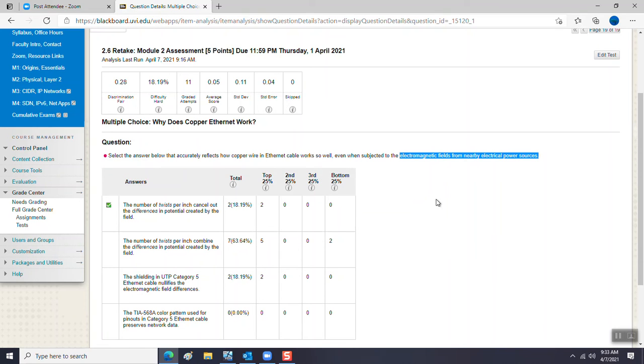By twisting the wire, all of that balances out, and so the impact of the electromagnetic interference is reduced. The number of twists per inch cancel out the differences in potential created by the field.